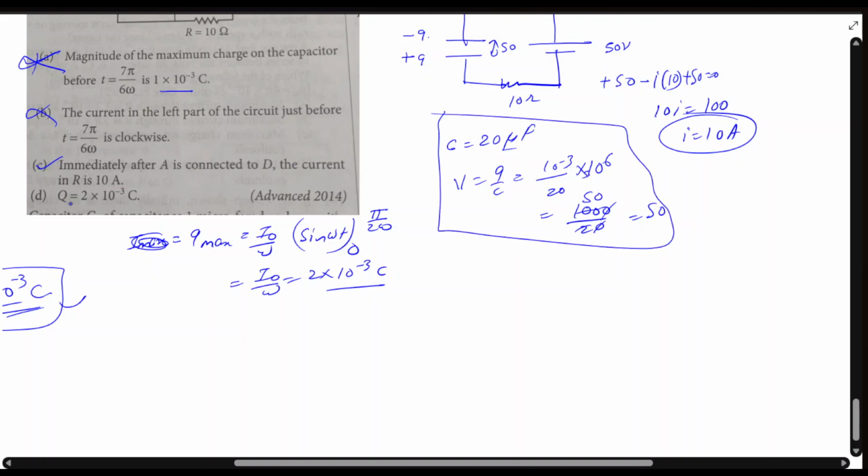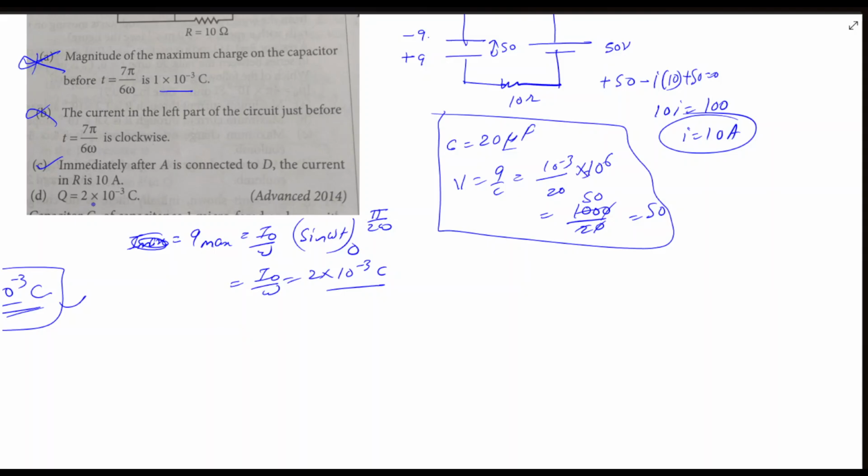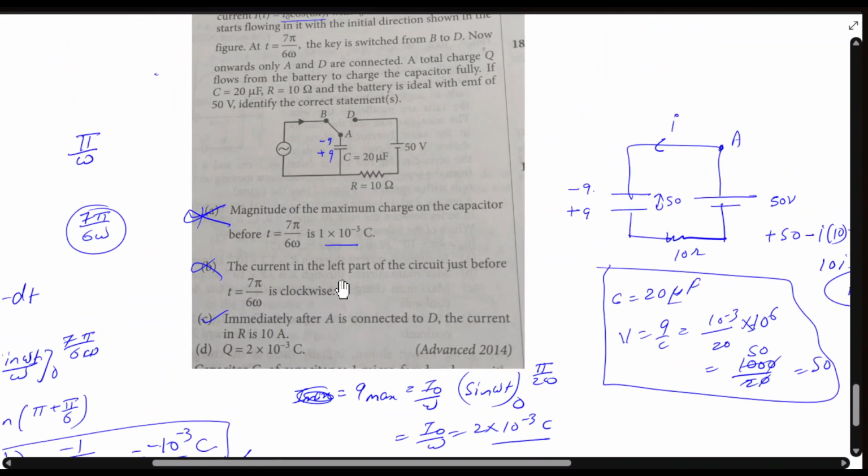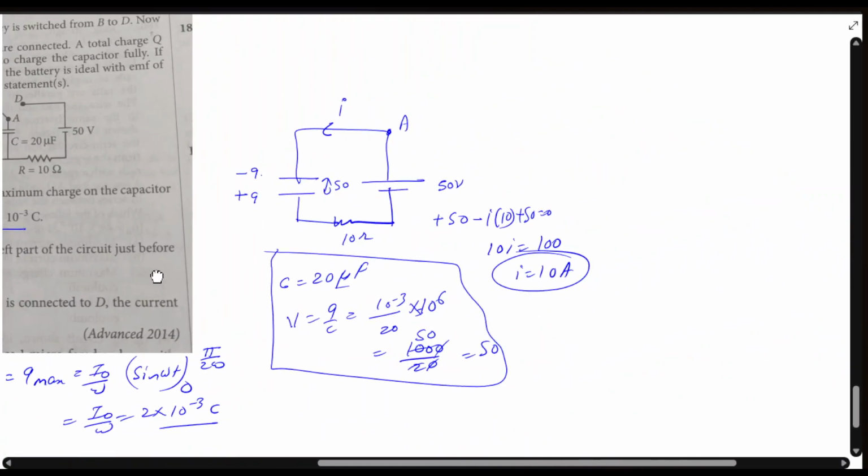Now let's check the option. So Q is 2 into 10 raised to power minus 3. Q is the total charge. What is Q? So a total charge Q flows from battery to charge the capacitor fully. Okay, so we are talking about a long time.